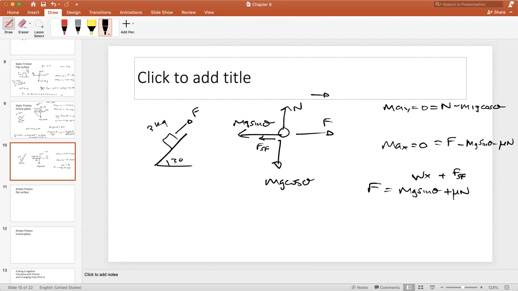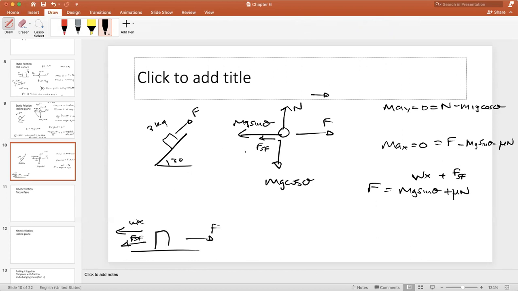So if this is not moving, and it's just on the verge of starting to move, the force applied has to be equal to the weight and the force of static friction to keep it from sliding. Because in this view, the force I'm applying here is being opposed by the weight in the x, and it's being opposed by the force of static friction.